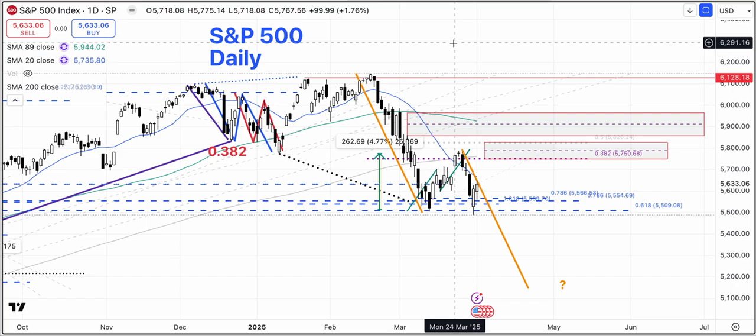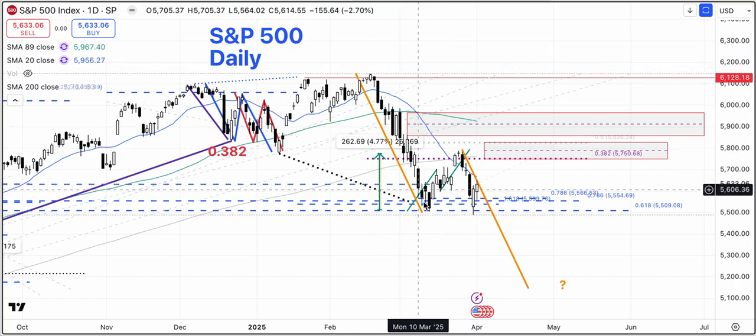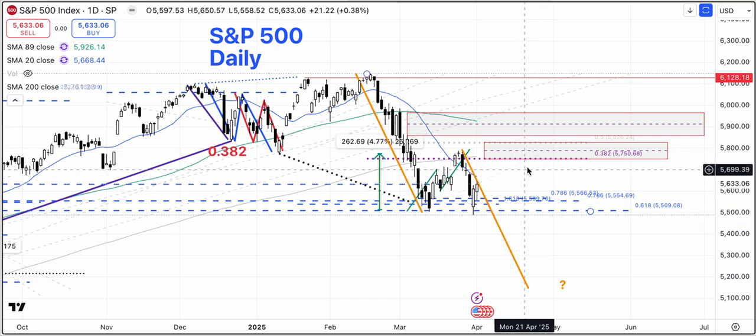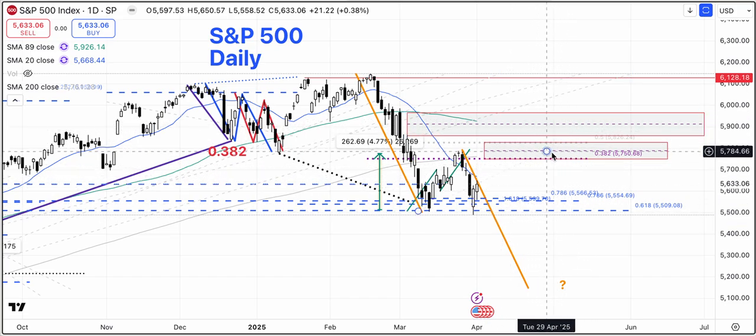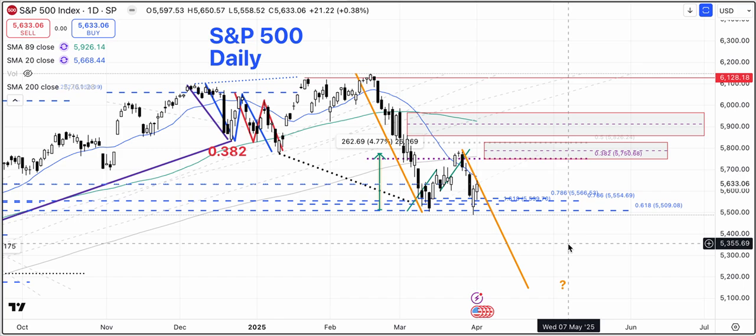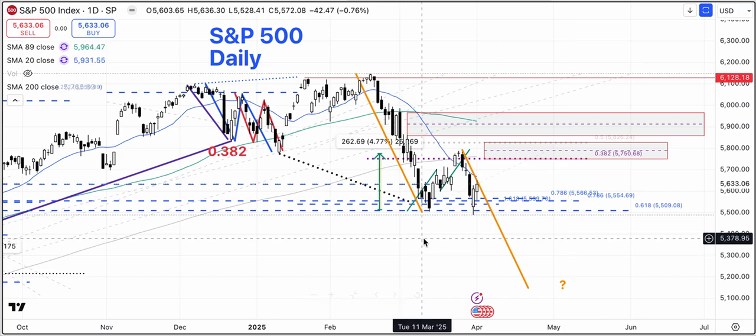There is a possibility that what we are looking at is some sort of complex move, where we could see the market getting into this shaded region. So we'll have to wait and see with regards to the further price action.